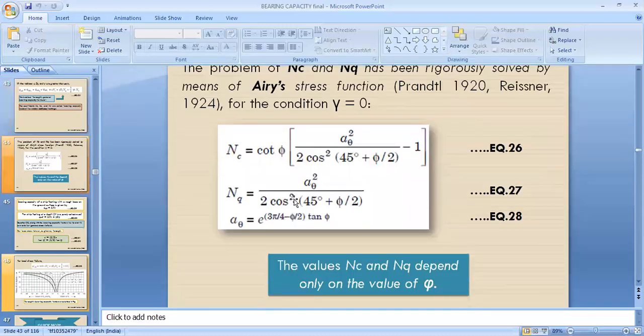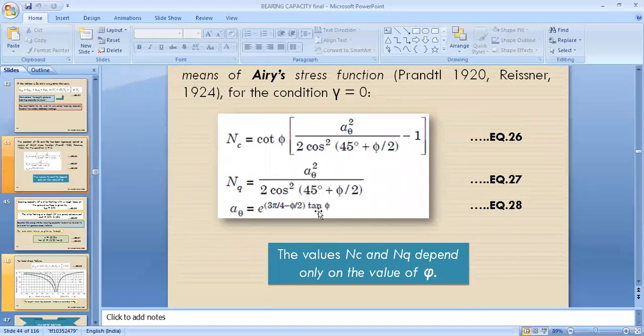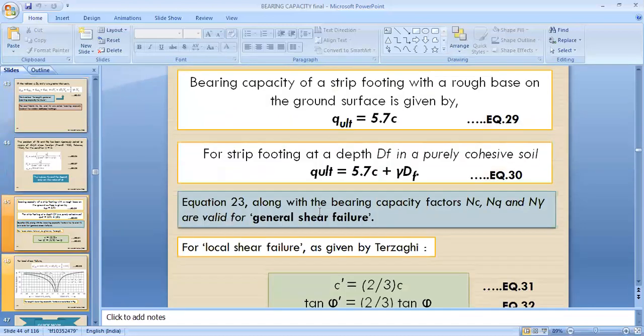The different values of Nc, Nq, N gamma we can get from the various tables given for Terzaghi's theory.